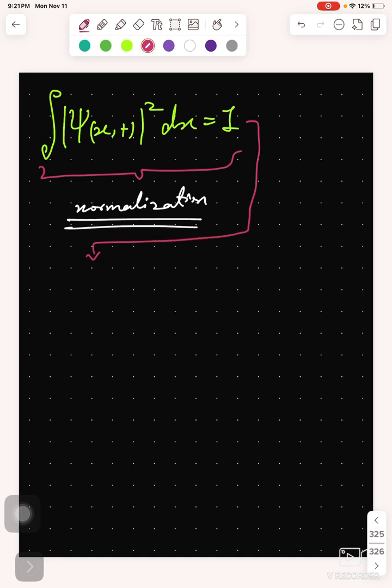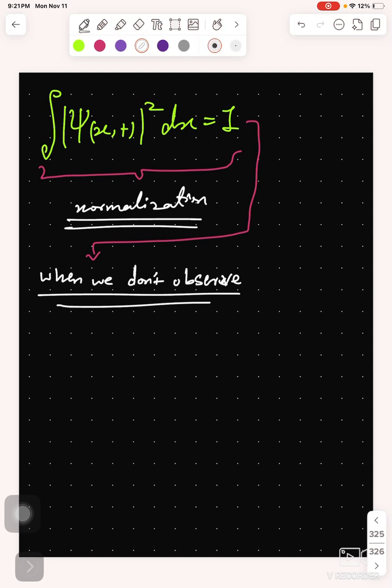One more thing: when we don't observe, we know that the particle is in superposition.